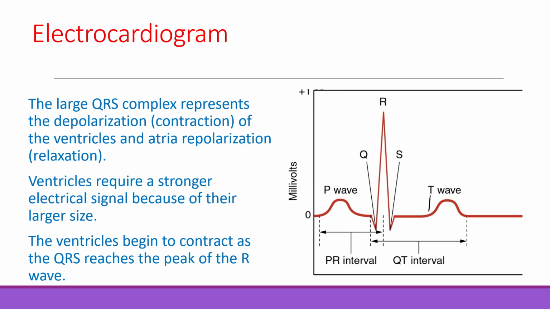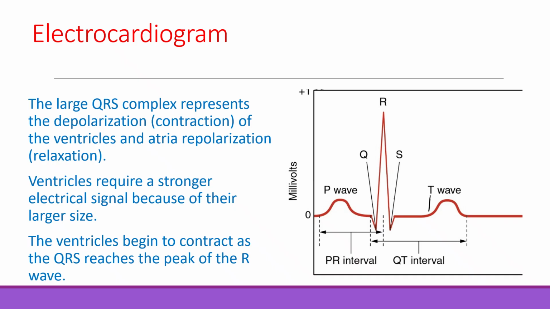The large spike, what they call the QRS complex, represents depolarization, again contraction, of the ventricles, and at the same time it is representing the atrial repolarization or relaxation. So it's actually representing two things. The ventricles require a stronger electrical signal because of their larger size.